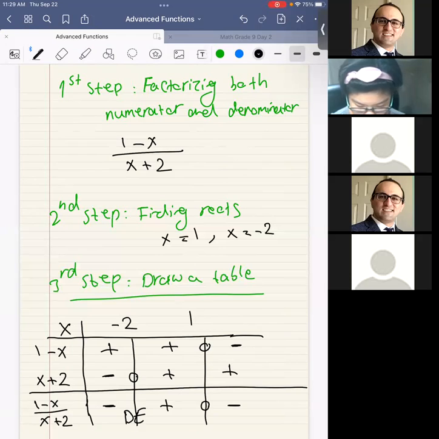Now you're looking for the region where this expression, 1 minus x over x plus 2, is greater than or equal to 0. And where is the region? The answer would be this region, right? So that means x has to be less than or equal to 1 and greater than -2.